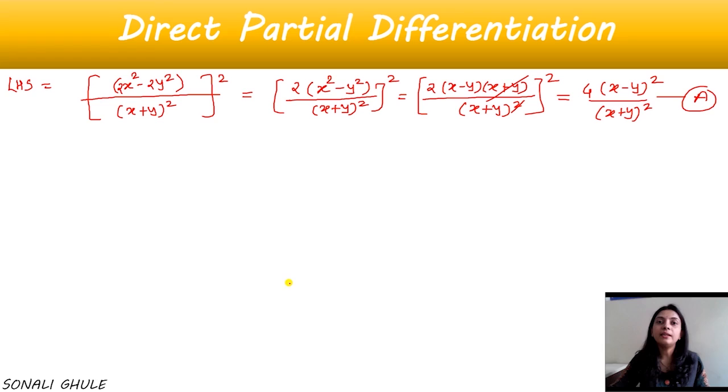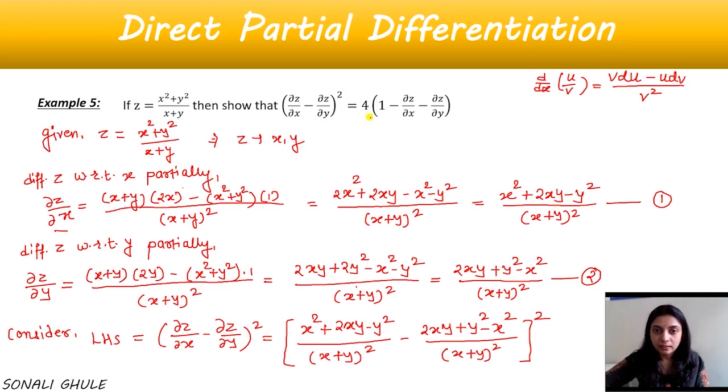Now we have solved the left hand side. Similarly, I'll now solve the right hand side. So consider our right hand side. What is our right hand side? Let's check. Yes, this is our right hand side: 4 in bracket 1 minus dou z by dou x minus dou z by dou y.